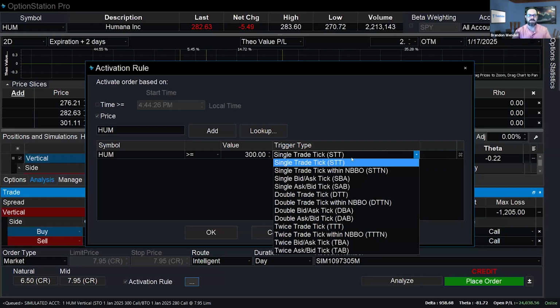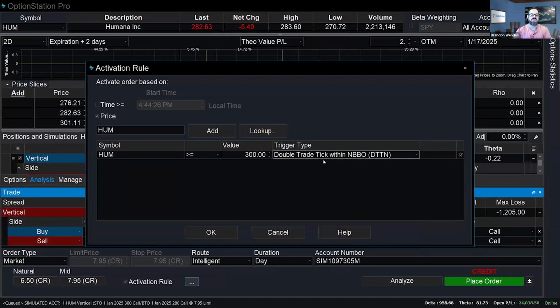So to protect yourself, you can say, okay, I only want this to trigger my order if we get 2 trades that occur within the national best bid or offer. Is it necessary? Maybe, maybe not. It will protect you. It's an extra layer of protection. So that way you don't get hit with a late or early, it's called a late print, and it would be an early stop out. Okay, so we only want to exit when the trades have actually occurred at that time, not because they're late prints. So using that actually protects you. It's a nice thing TradeStation does to protect you.